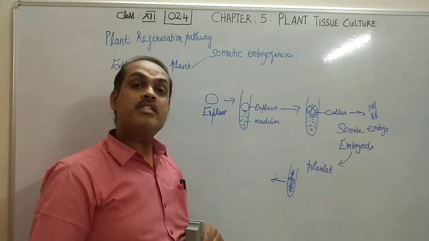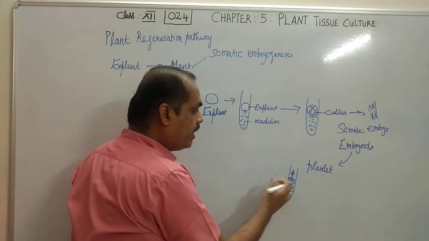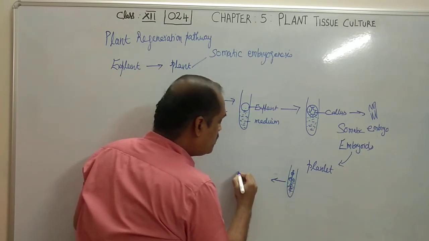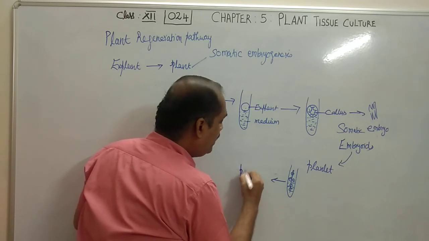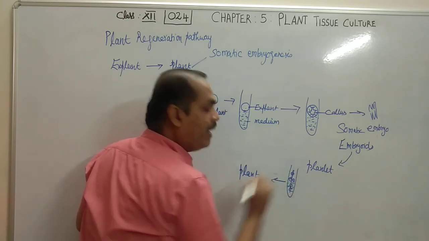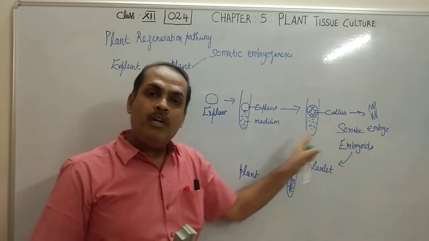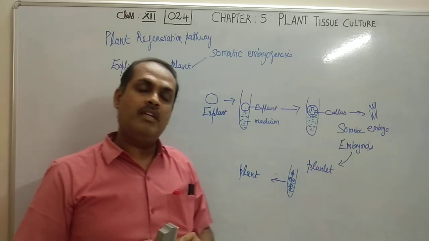That process is called hardening. So after hardening, this plantlet will develop into an entire plant. That is the first important point.